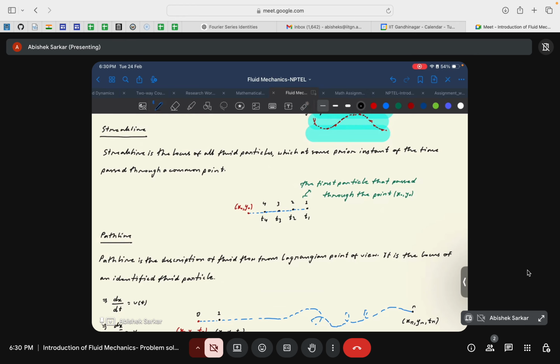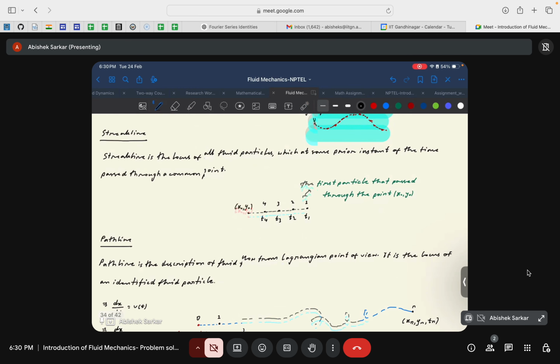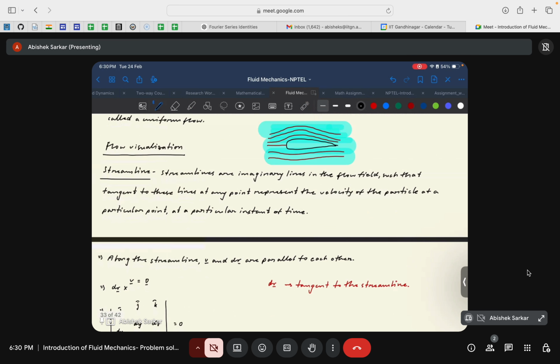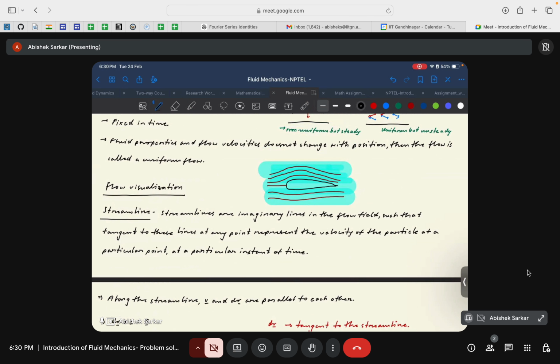The main difference is, let me go back. When you are visualizing the flow past an airfoil, we are using some dyes. If you have injected the dye at these initial points and the dye shows this kind of behavior, the important thing to notice is that the lines of dye that you see are actually streak lines and not streamlines.